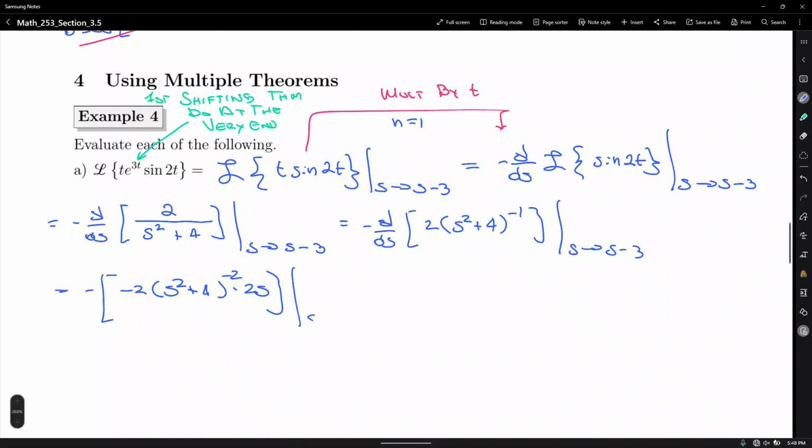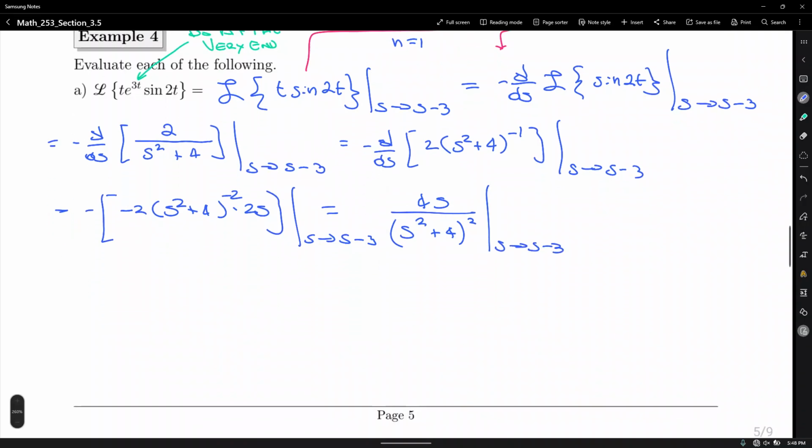The rest of the problem is to simplify, and then shift s to s minus 3. Negative times a negative is positive, and 2 times 2 is 4, so 4s over s squared plus 4 quantity squared, where s goes to s minus 3.